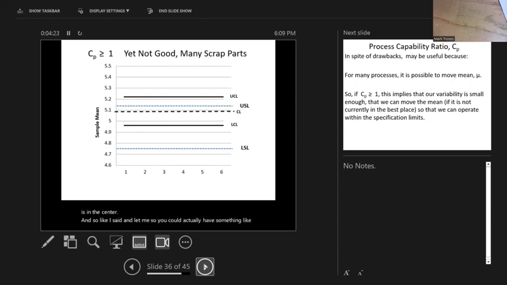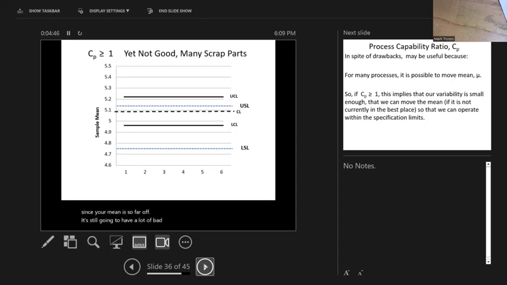Notice the width of your control limits are nice and narrow, much narrower than your specification limits. So in this case, the CP value will be high, which indicates it's good, but unfortunately, since your mean is so far off, it's still going to have a lot of bad parts.